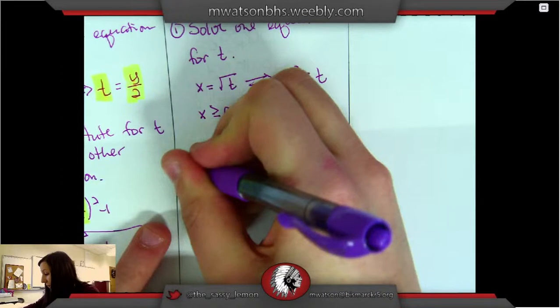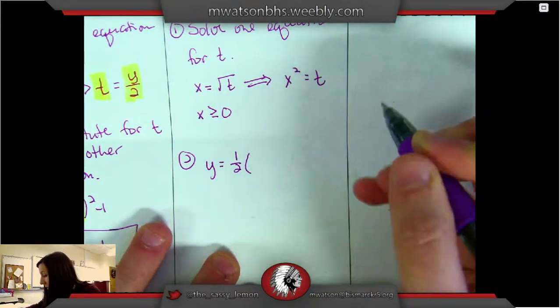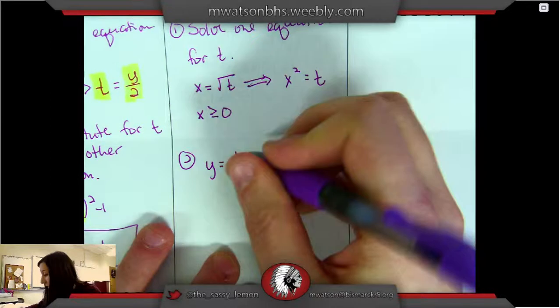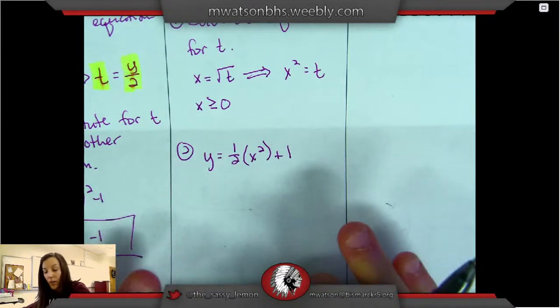So when we go in and we substitute, and we have y equals 1/2 times, and instead of t, we're going to have x squared plus 1. So really, there's not much to change about the way this looks. You could just get rid of those parentheses.